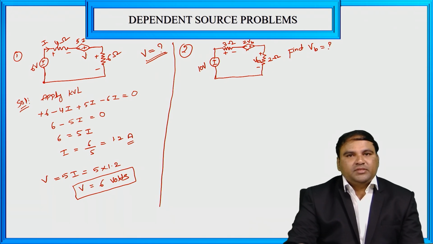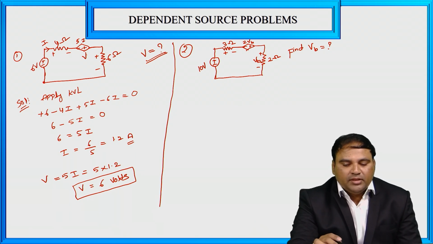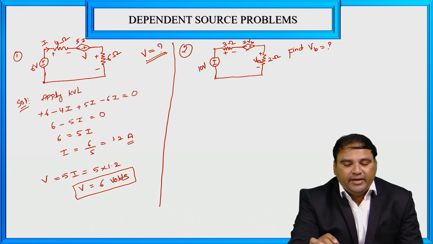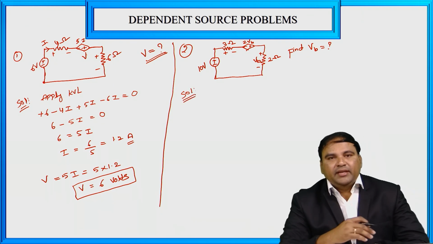Okay, so same problem, but the only change is here I am taking the 2 VB, and at 2 ohm they have given a hint, VB. At 2 ohm VB is there, right? Now it is a series circuit.